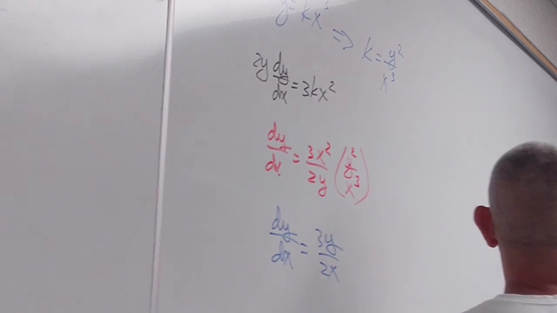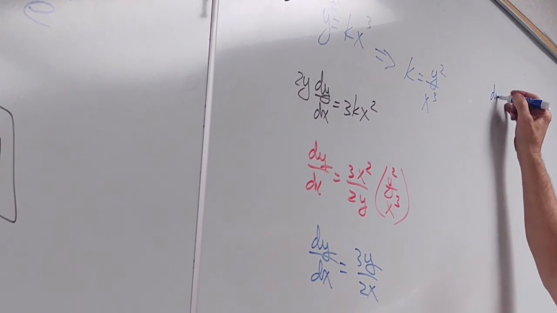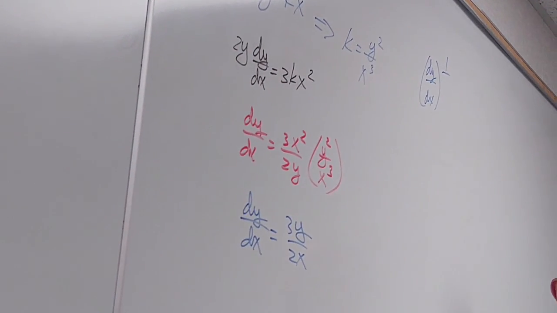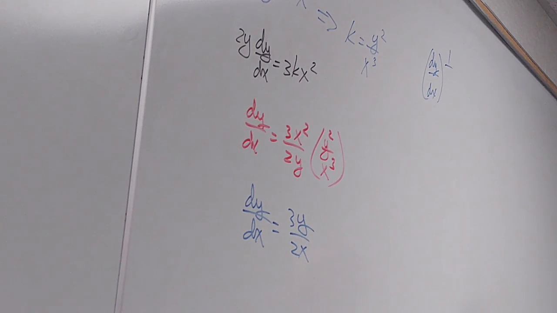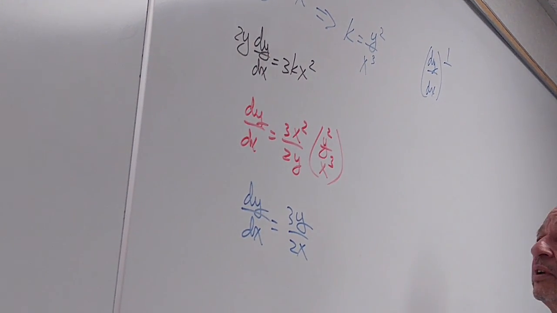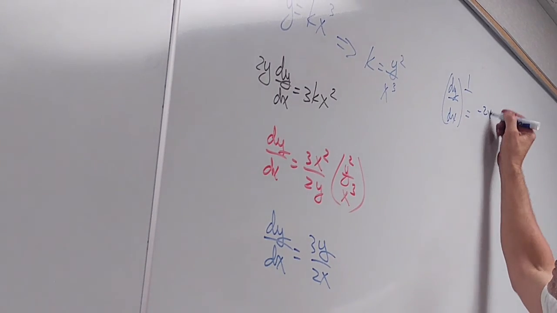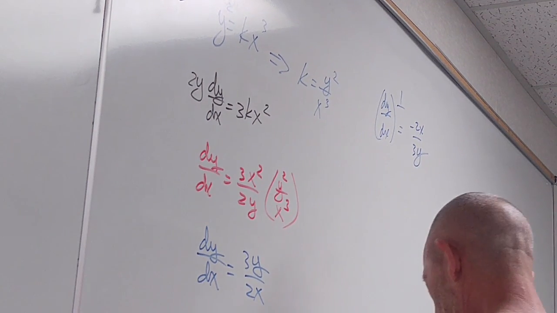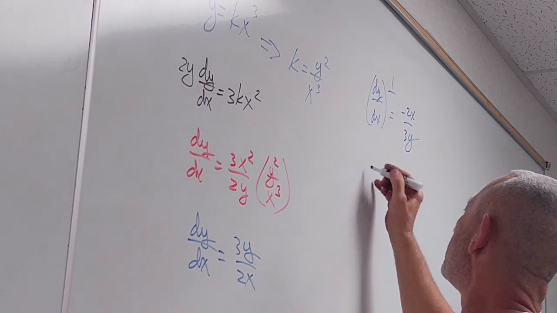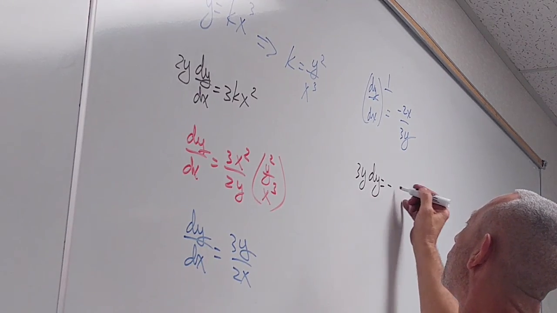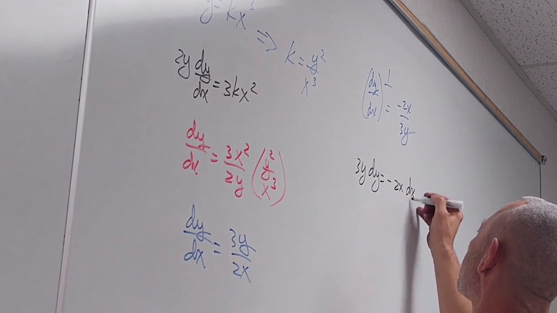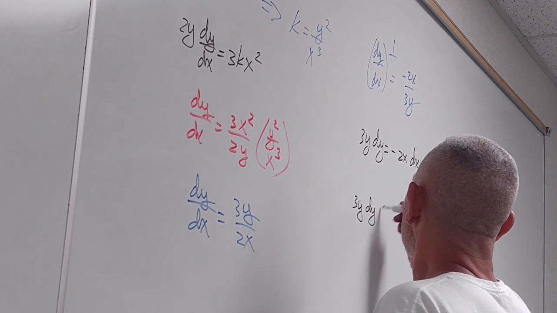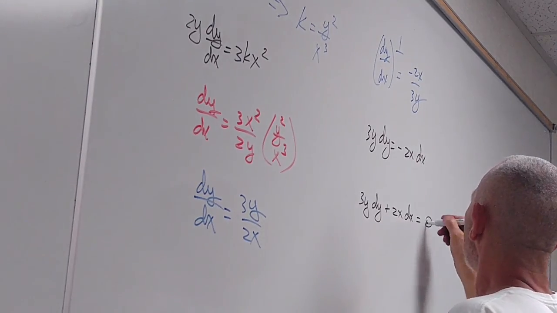So the slope of the orthogonal family, dy dx orthogonal, and here's the usual expression that you would use for that, that's the symbol for orthogonality in a linear algebra class, will be minus 2x over 3y. So I guess that means 3y dy equals minus 2x dx. Or why don't we write that as 3y dy plus 2x dx equals 0.